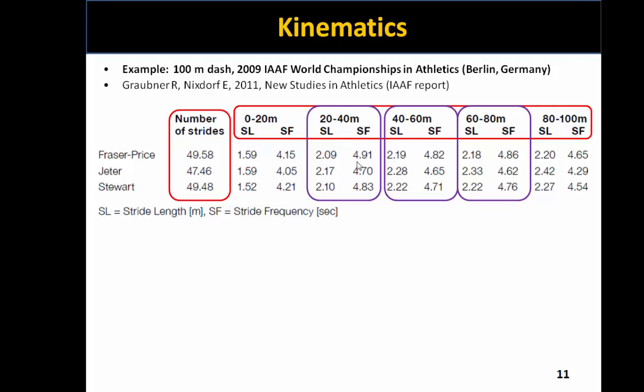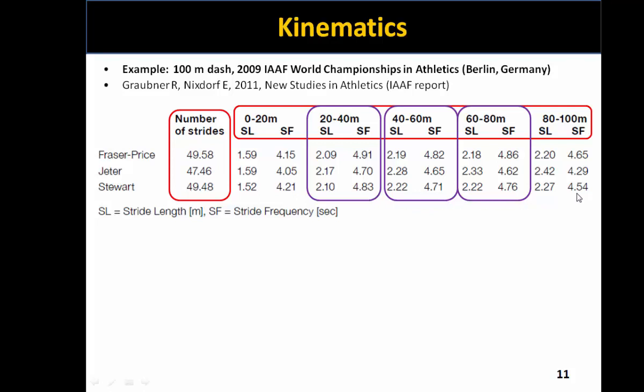If we focus on stride frequency for the silver medalist, she achieved a stride frequency of 4.7 in the 20 to 40 meter interval. That decreased to 4.65, further decreased to 4.62, and then dropped considerably in the last 20 meters, as it did for the bronze medal finisher.